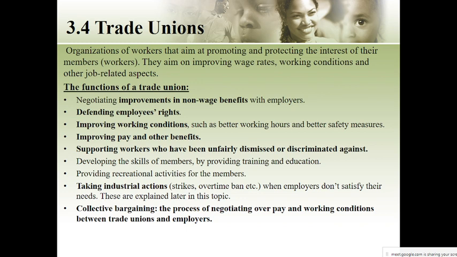Then is providing recreational activities for the members. Do you have any idea what the recreational things are? Give them some skills with the education. Like if you go to some recreational schools, they will teach you how to do sewing.